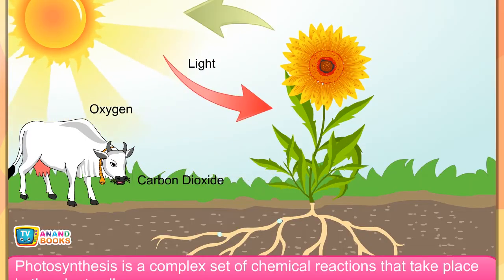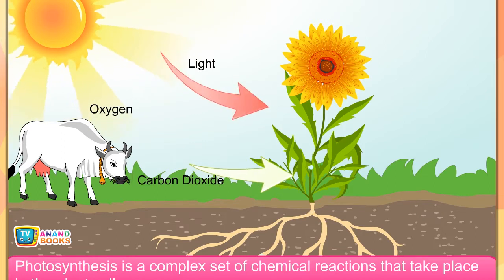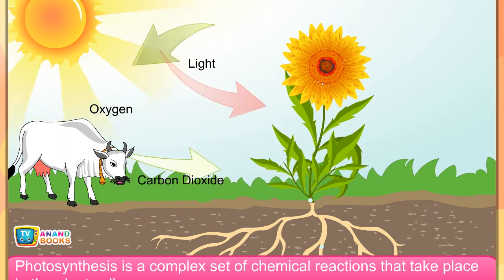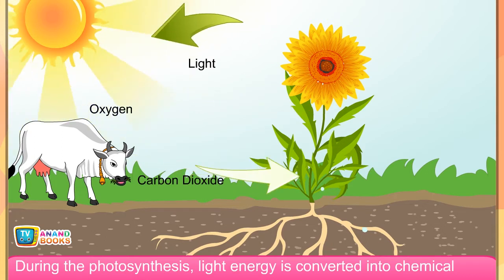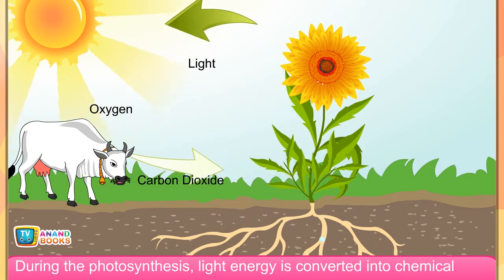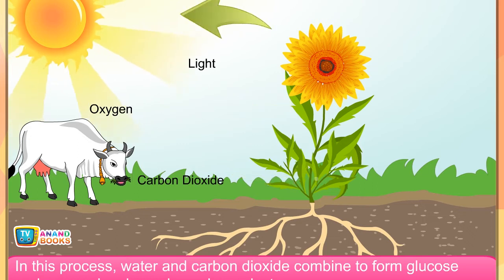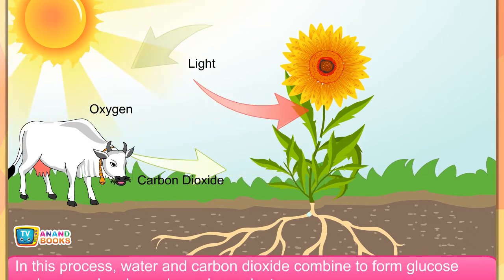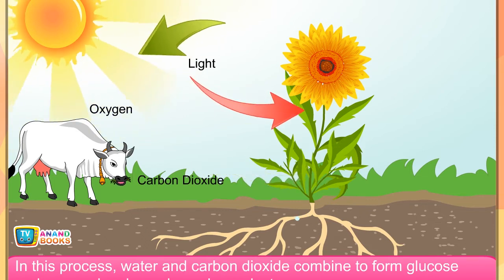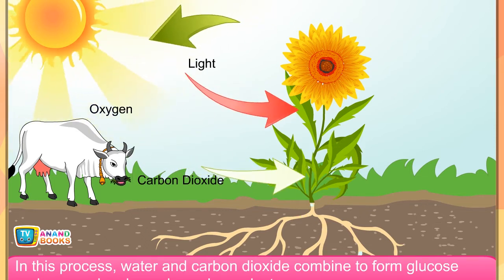Photosynthesis is a complex set of chemical reactions that take place in the plant cells. During photosynthesis, light energy is converted into chemical energy. In this process, water and carbon dioxide combine to form glucose, and oxygen is released as a byproduct.